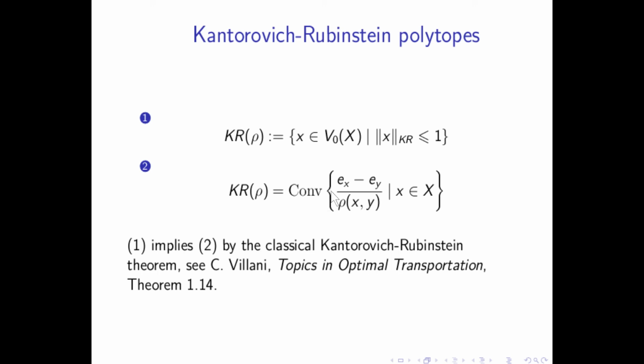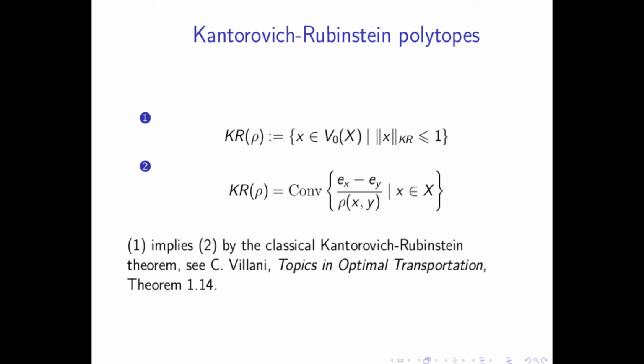And then the distance between x and y is supposed to be equal to rho of xy, so I divide by this, in some sense making this a unit vector. So I turn this into a unit vector in some sense, and taking the convex hull of these unit vectors, I obtain the unit ball, and I call this the Kantorovich-Rubinstein polytope. By the way, this is just for the record.